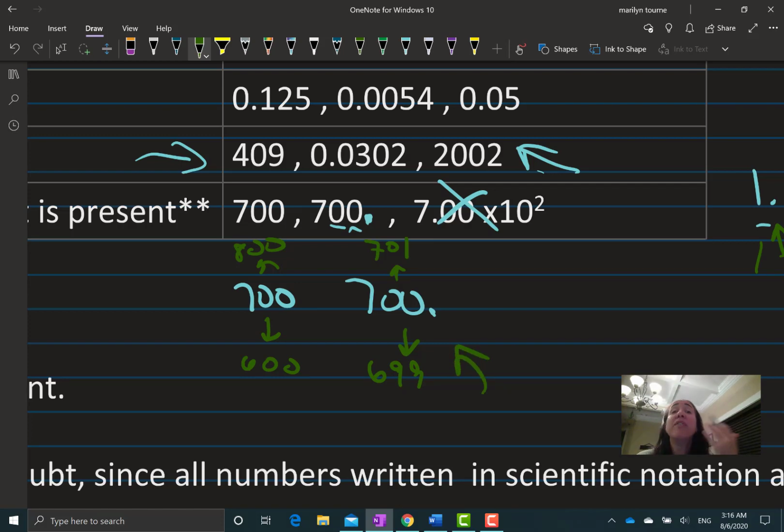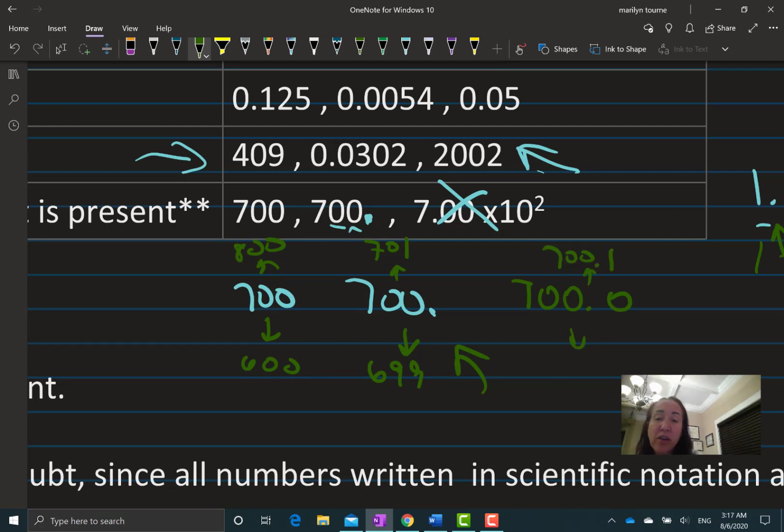And then you can get even more explicit because you know now that the trailing zeros count, right? So if I said that my number now is 700.0, you know that that trailing zero counts because of the fourth rule that we talked about. And you know now that if you're reporting this data point, your answer is closer to 700.0 than it is to 700.1, right?